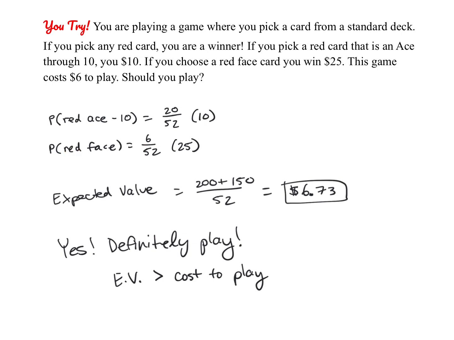And then the probability that you pull a red card that's a face card is 6 out of 52, and those you win $25. So if you add up those two individual amounts, you end up with $6.73. So in this case, you should definitely play because the expected value is actually greater than the cost to play.